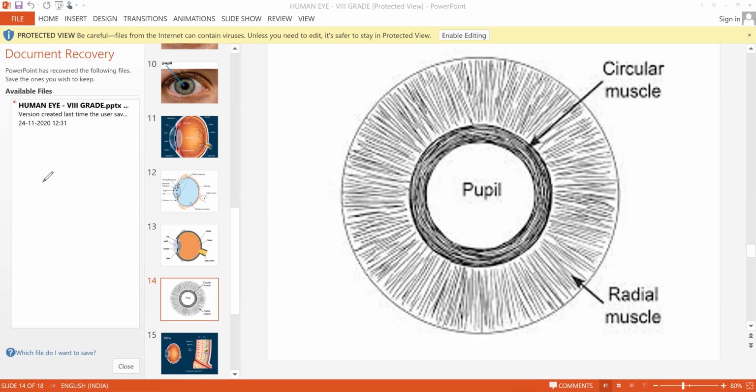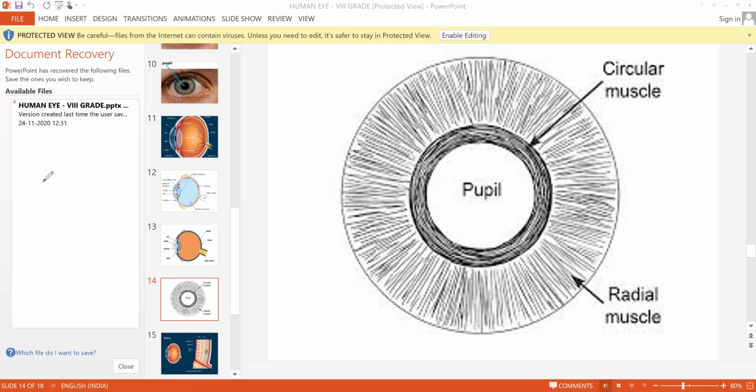Whatever amount of light is required for the eye to see an image, that quantity of light is sent into the eye with the help of the iris. It will not allow too much light because our retina would be damaged, and it helps us send enough light.